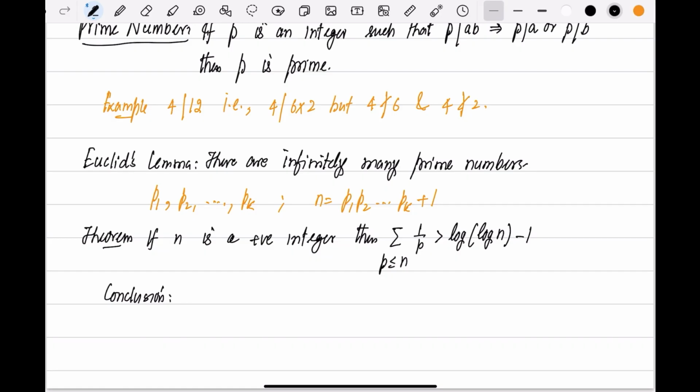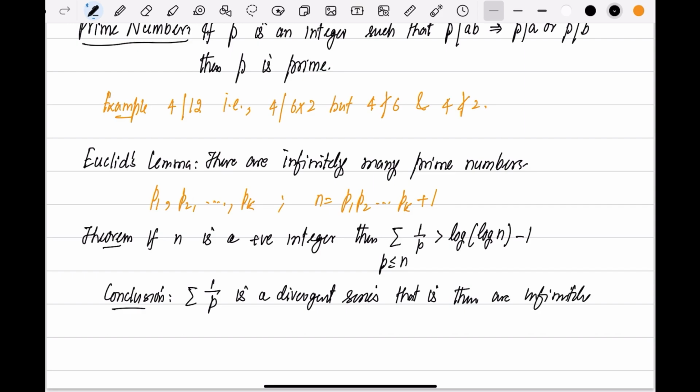This implies that the summation of 1 divided by p is a divergent series, and that is, prime numbers are infinite. There are infinitely many prime numbers.